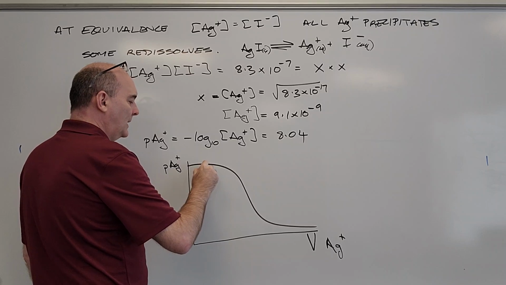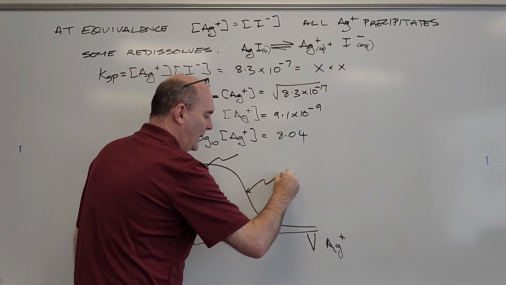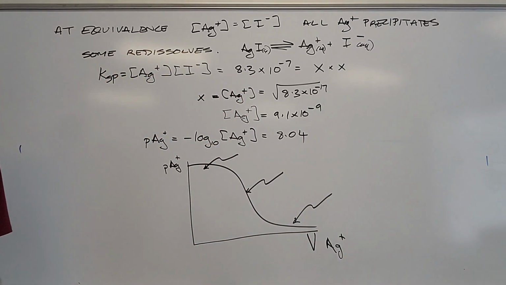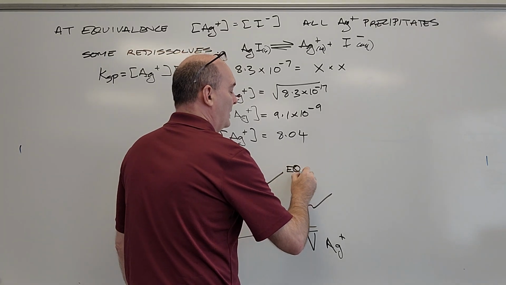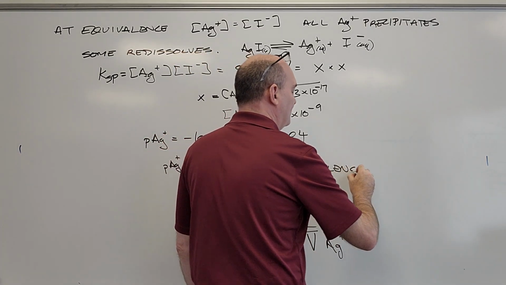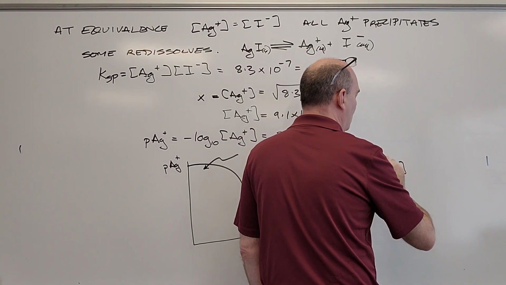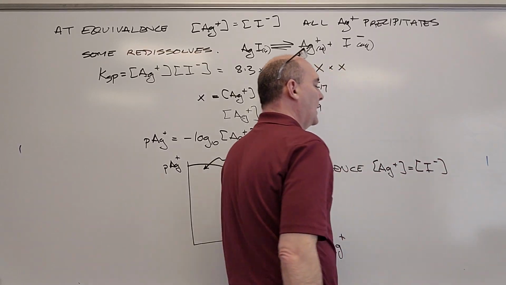There's the region up here, there is the region right in the middle, and then there is the region past the midpoint. This is the one that everybody is interested in. That's the equivalence. And at the equivalence, the number of moles of silver is equal to the number of moles of iodide.